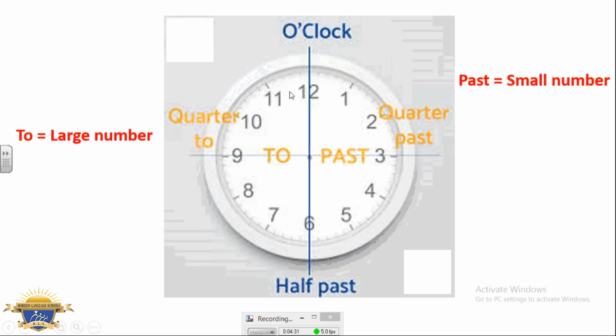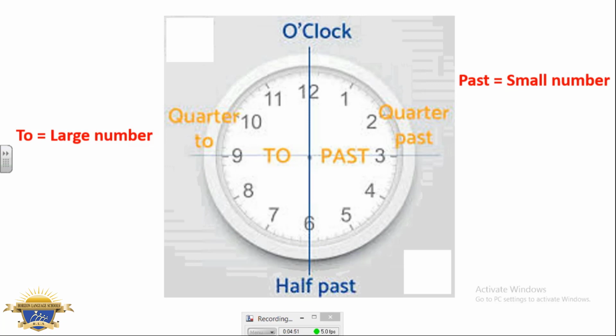I have here an analog clock. It starts with number 1 and ends with number 12. We said that when the minute hand is on 12, it's o'clock. Okay? It's so easy.